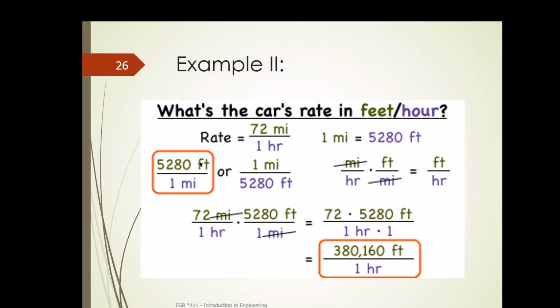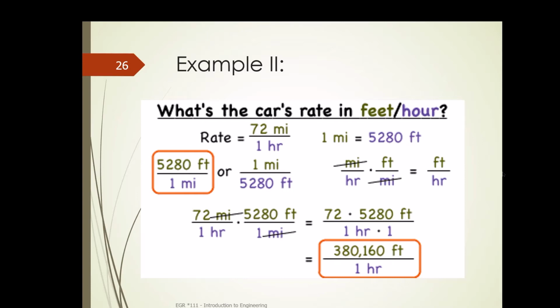So the question becomes: is it 5280 feet per mile or 1 mile per 5280 feet? Really it depends upon what you're trying to convert to, right? Because this is just one. This is a quantity of one. So when you multiply any number times one, you still have that same number, right? And this is also one. It's just two different representations of one, with the goal of just changing our units.